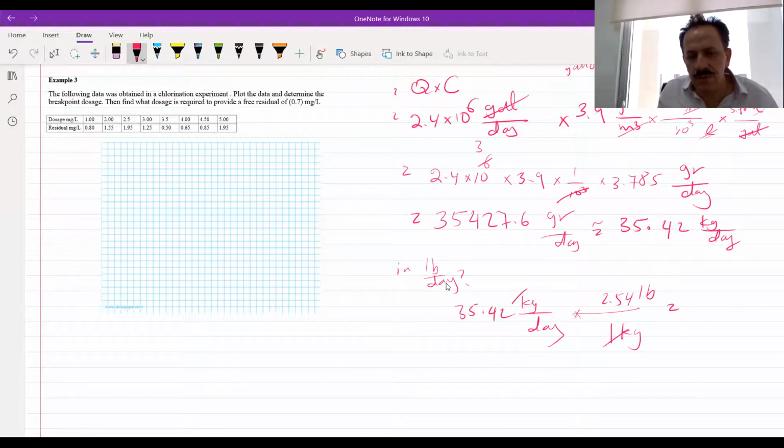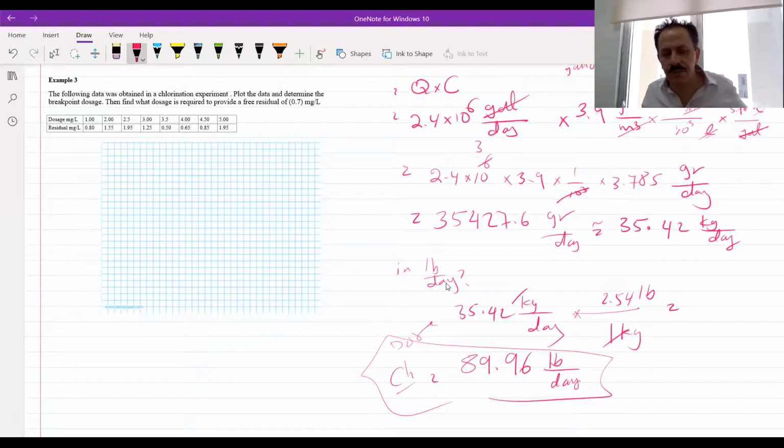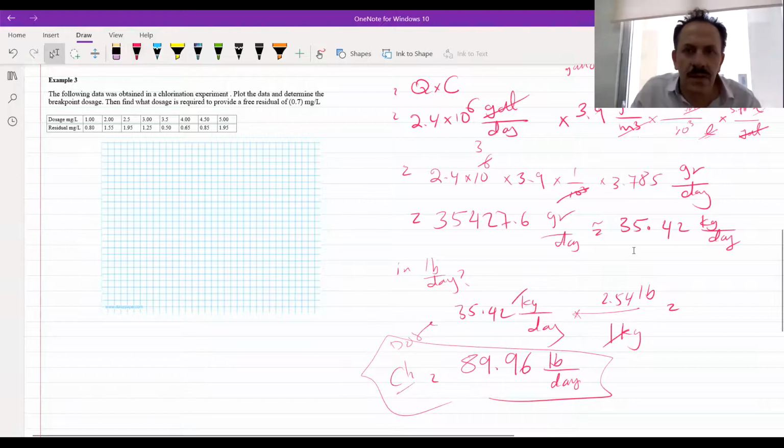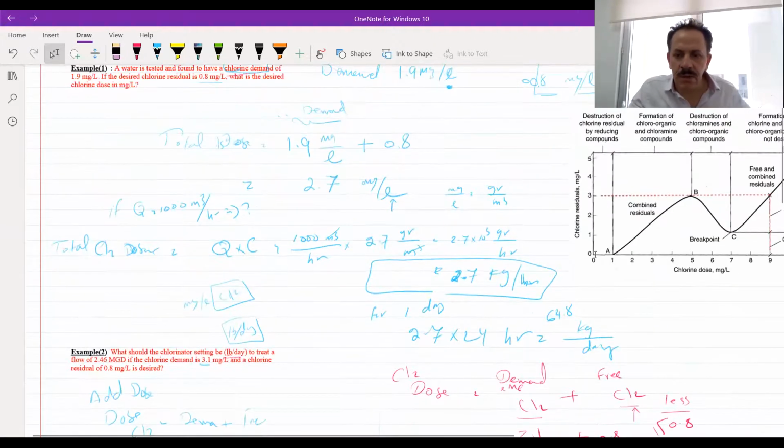So this will become 35.42 times 2.54, which becomes 89.96 pound per day. This is the total needed of the chlorine dose for a day. And now it's clear? Thank you very much, doctor. Appreciate it.